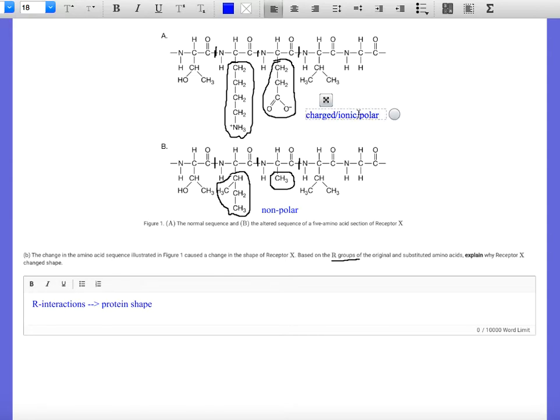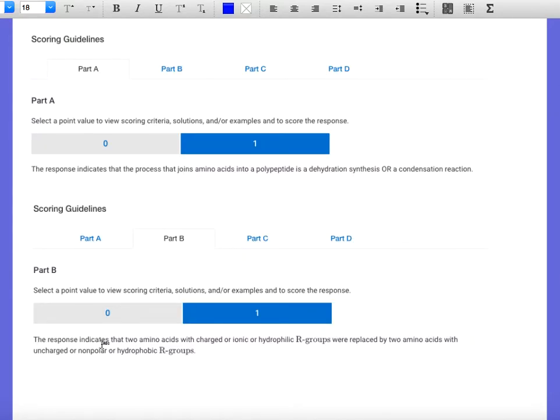So charged or ionic, hydrophilic, either way. I guess they have full charges, not partial, so charged or ionic. Okay, and then nonpolar, hydrophobic.